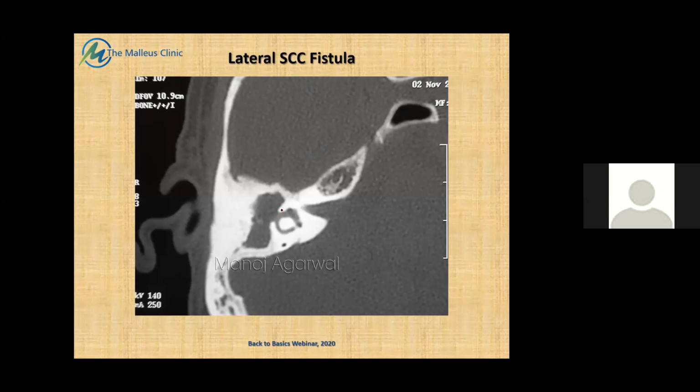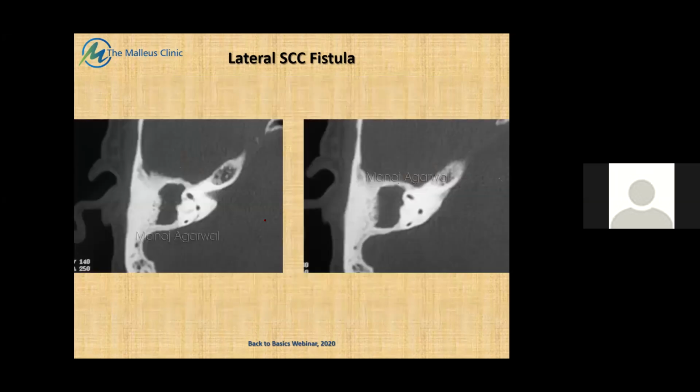Now, a lateral semicircular canal fistula in such a patient could be as obvious as this, or it could be a mere dimpling. So I hope you can make out the faint shadow of the lateral semicircular canal. Again, this is the same patient. This panel here is a slightly inferior slice, and this is a slightly superior slice.